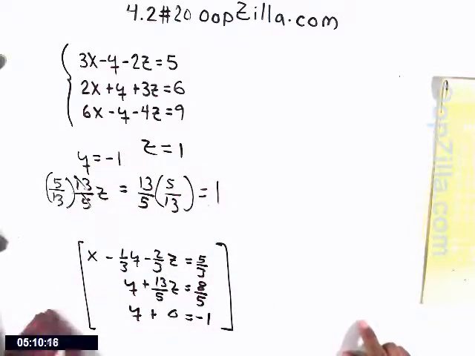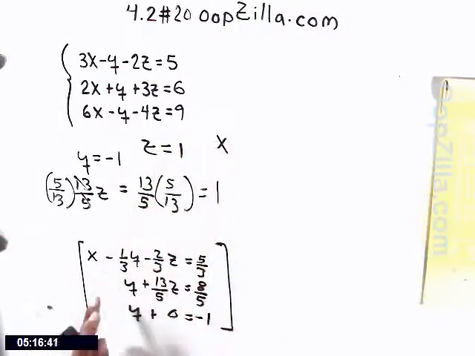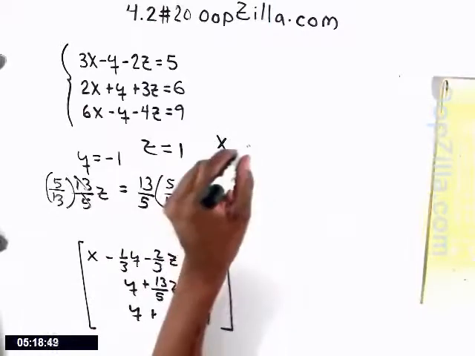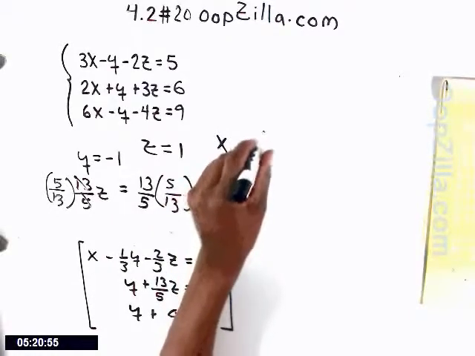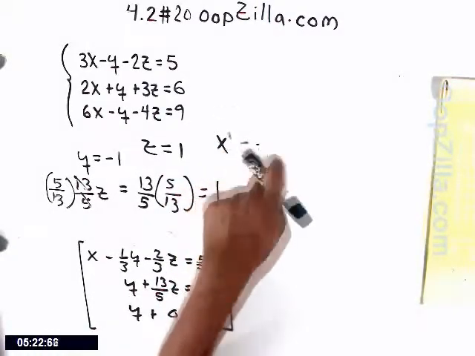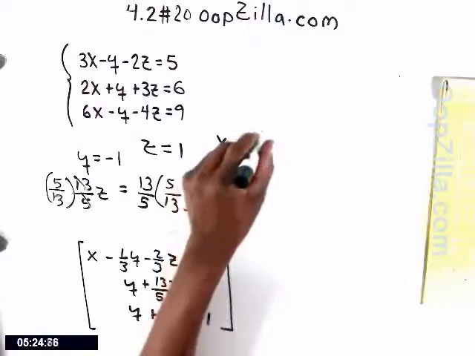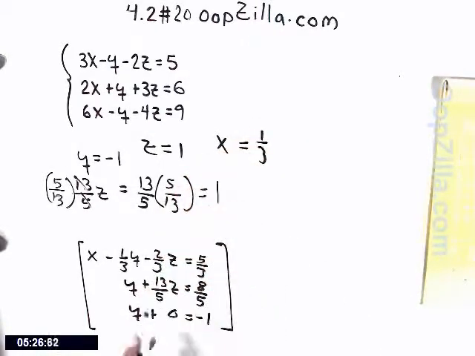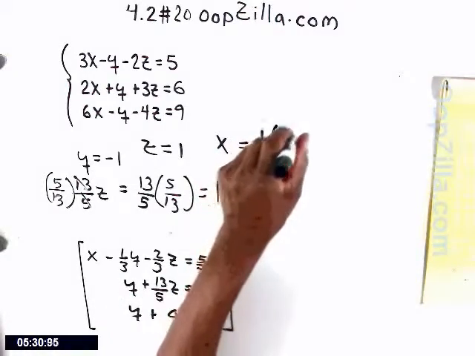Now let's go ahead and try to solve for x. Well, x is basically going to be this. Let's put it up here. x, then move this guy across the equal sign. That's going to be equal to 1/3 y. And what is y? Well, y is equal to -1.